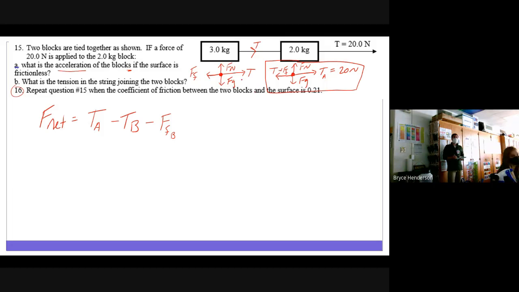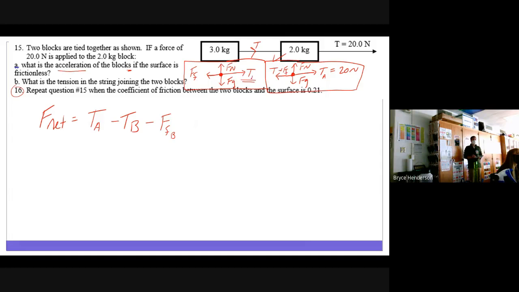Now, this tension is to the right. So what do I have to do with it, if I'm thinking about my whole system? I've got all of my forces here now. Now I'm shifting my look over here.